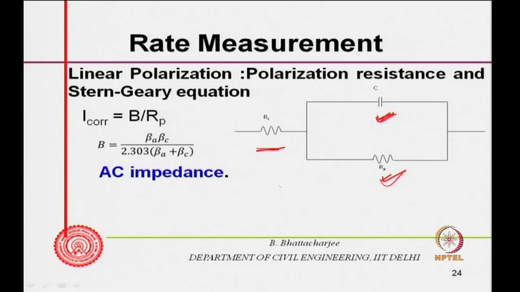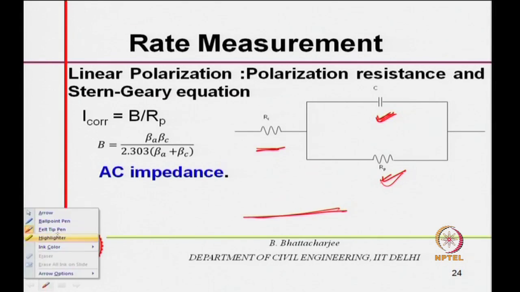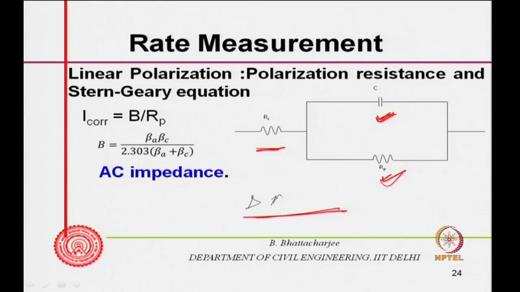R c is the concrete resistance. So, if this is my reinforcement bar and this is the concrete surrounding, R c is here, and at the interface I will have R p as well as capacitance, in parallel. This is the simplest equivalent circuit we can assume.